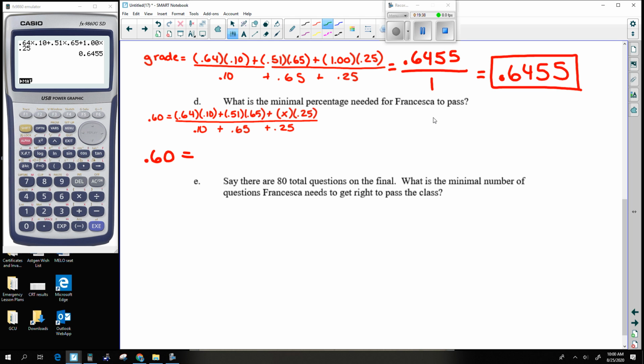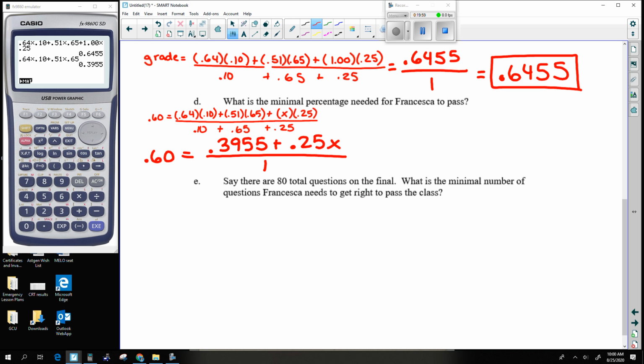Okay, here we go. We got 0.64 times 0.10 plus 0.51 times 0.65. So the numbers come out to be 39.55, just like what we got before. And then we have this 0.25x divided by 1.